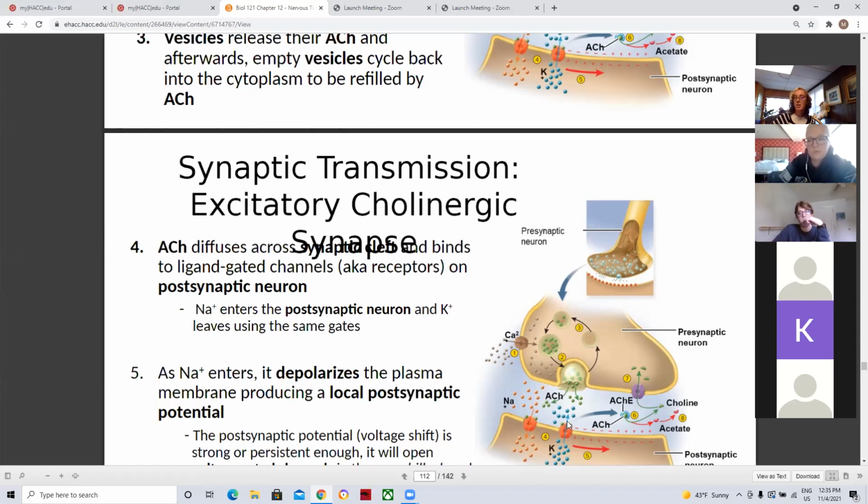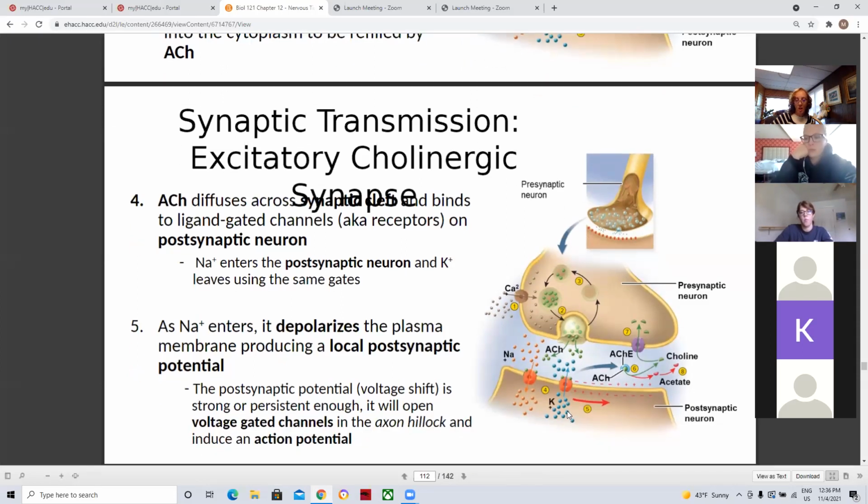As sodium enters, it's going to depolarize the plasma membrane, producing a local postsynaptic potential. If that postsynaptic potential voltage shift is strong enough and persistent enough, it will open voltage gated channels that will then induce an action potential.